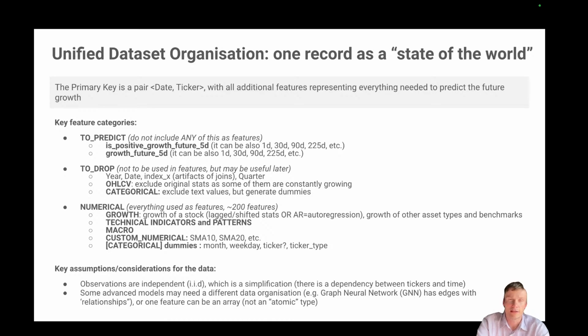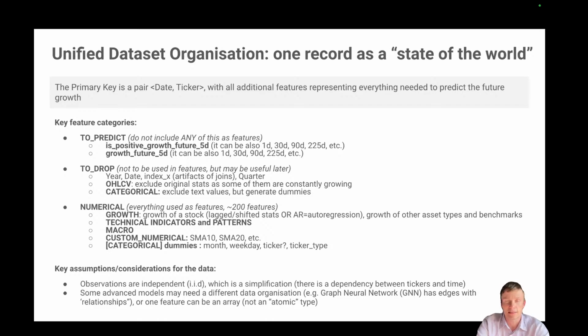Then there are a few features which we call categorical. Normally it's text features or some features that are derived from text. We will exclude them, but we will generate many additional binary features which are called dummies, and which are based on categorical variables.